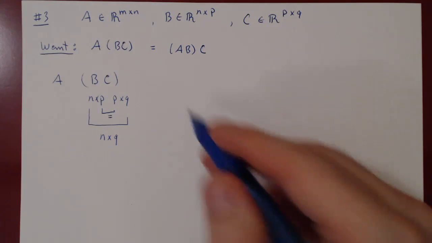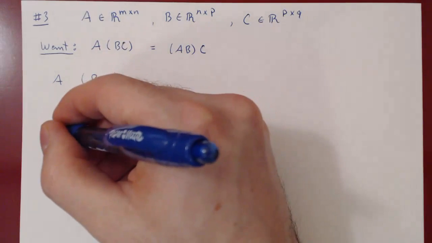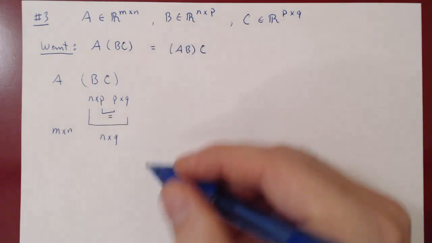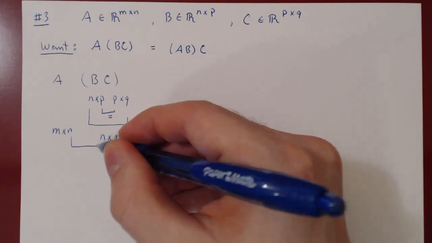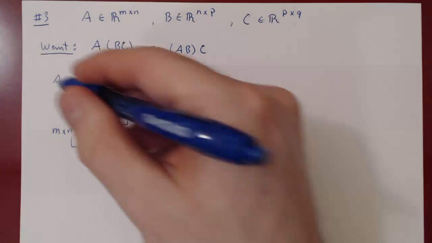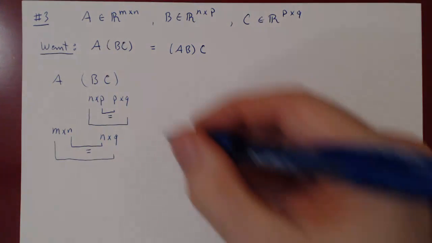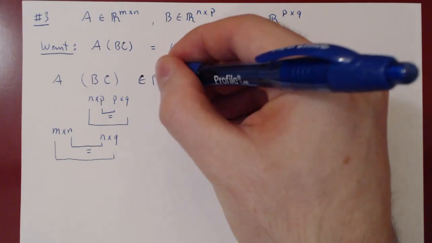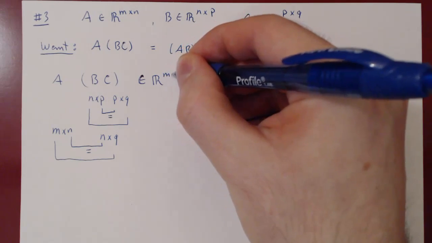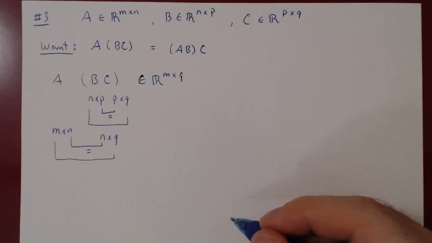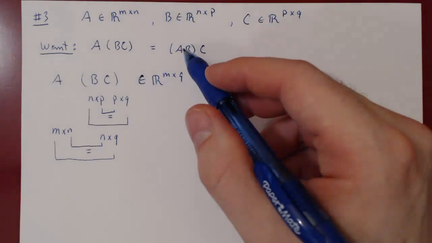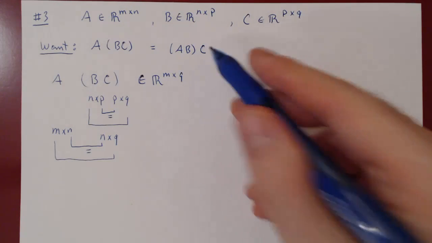A is an M by N matrix. I'll write it here. And N equals N, therefore the product is defined, and the result of A times BC will be an M by Q matrix. So A times BC is an M by Q matrix.